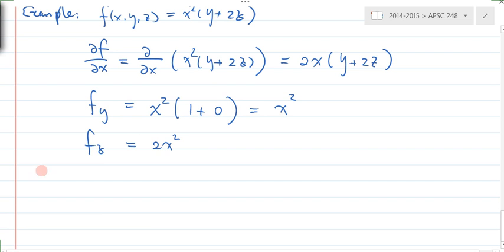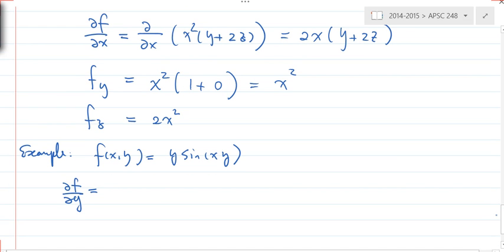Let's try another example. f(x,y) equals y sine xy. It's getting a little bit more complicated. What is df over dy?